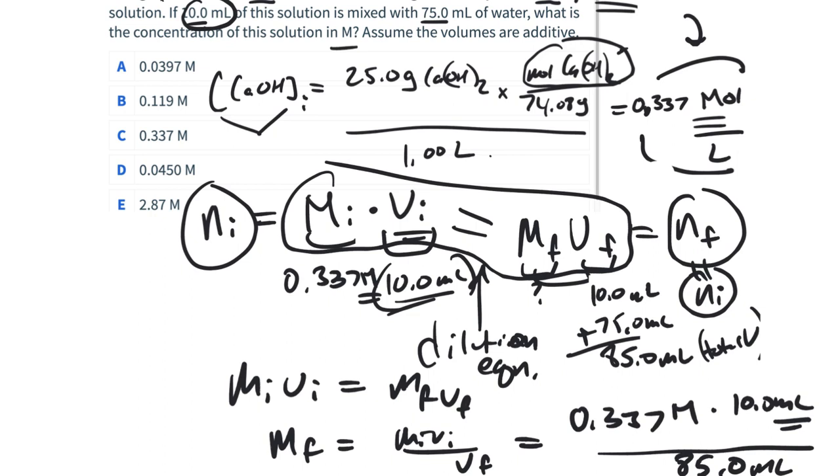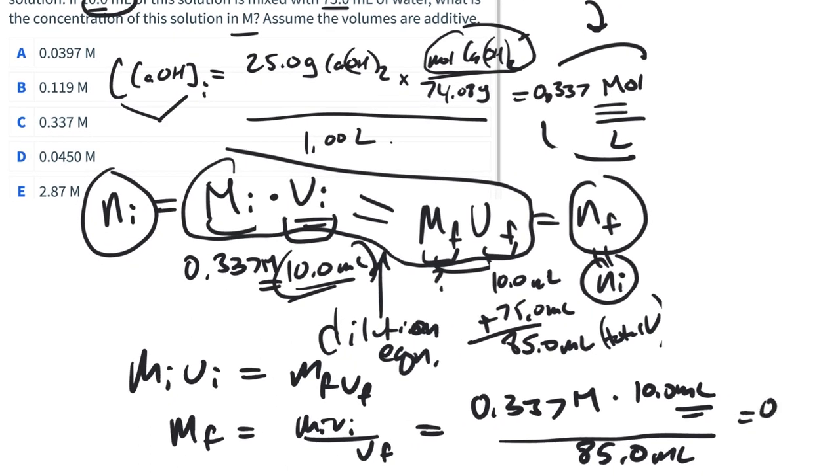So if I go 0.337 times 10, divided by 85, it should go down, and it does, to 0.0397 moles of calcium hydroxide per liter of that solution.